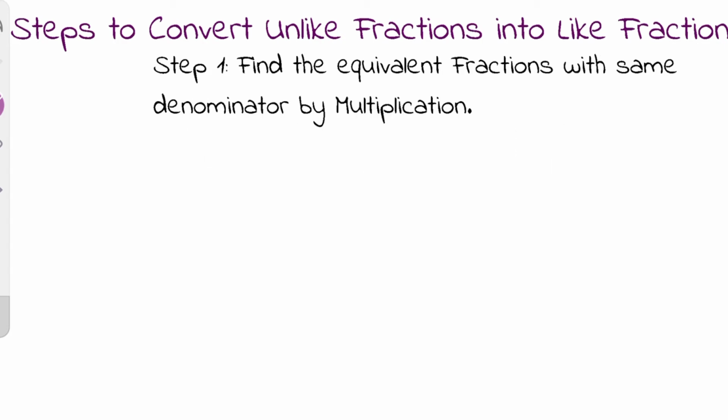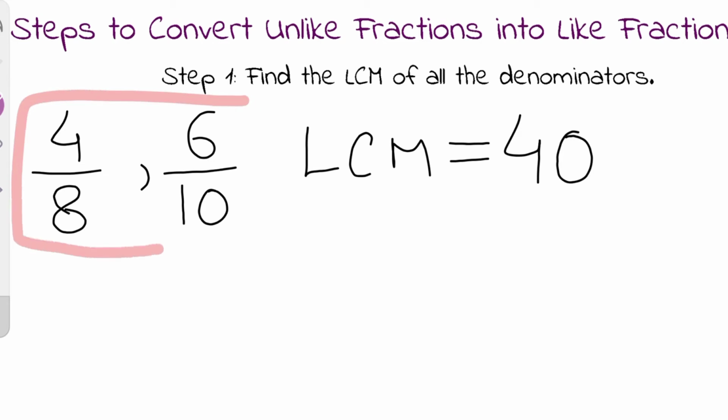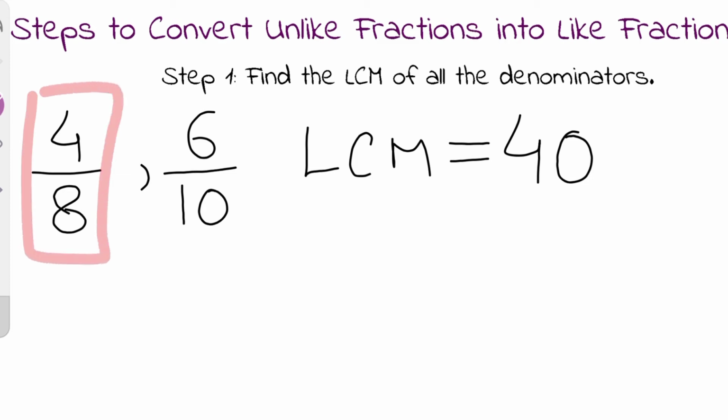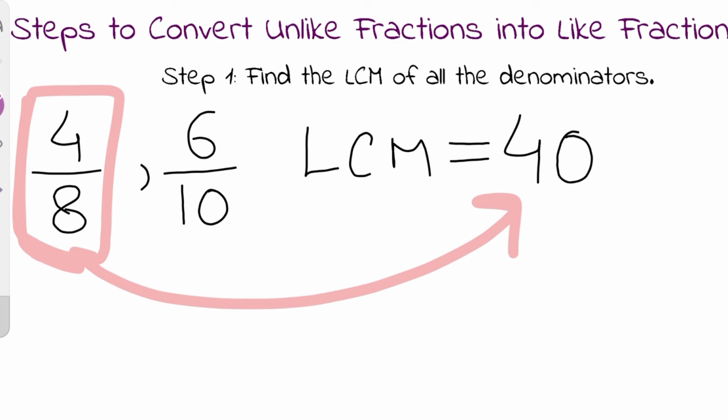The second step is to find the equivalent fractions with the same denominator by multiplication. So now what we have to do? We have to find the equivalent fractions of these two fractions with the same denominator, that is, the denominator will be 40. We have studied this in our previous video also. We will multiply the numerator and denominator by the same number. So in this case of 4 by 8, to make 8 into 40, we have to multiply it by 5.